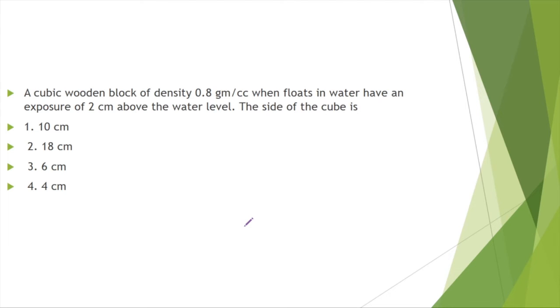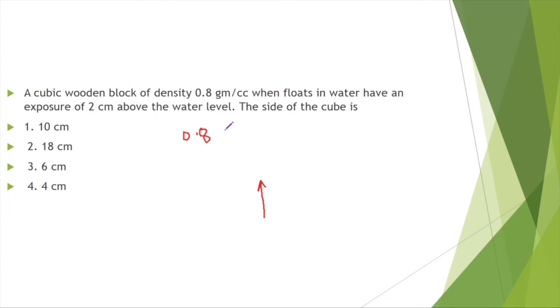So whenever we put anything in the water, what happens? There is a force acting on it. That force is called buoyancy force, which is in upward direction. Now this force is equal to the mass of water displaced by the volume of the body. So mass is what? Mass is density into volume, and density of the wooden block is 0.8 into volume.